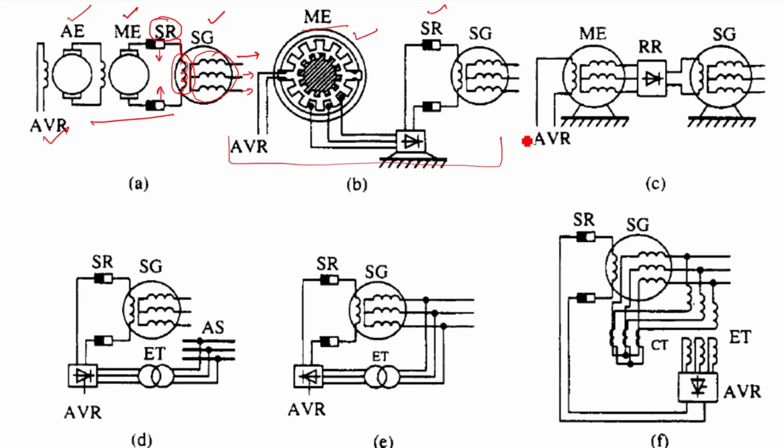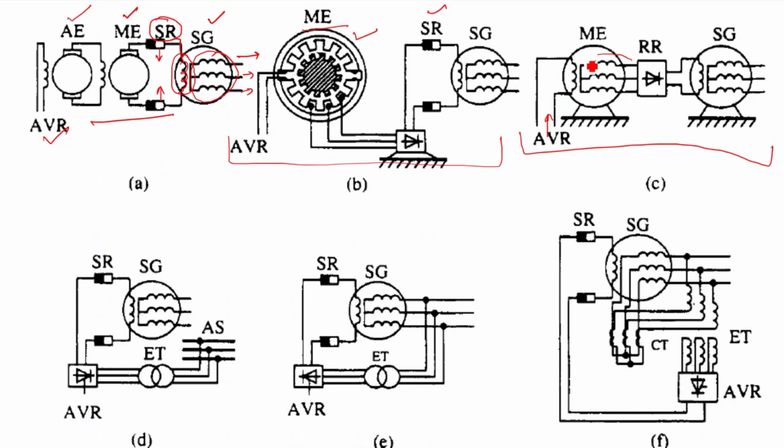One more arrangement here is a similar kind of arrangement, but here the main exciter is an AC generator where the field is on the stator, which is being fed by the AVR, and the armature is on the rotor.